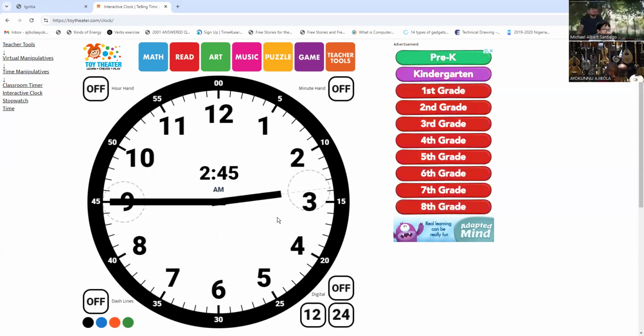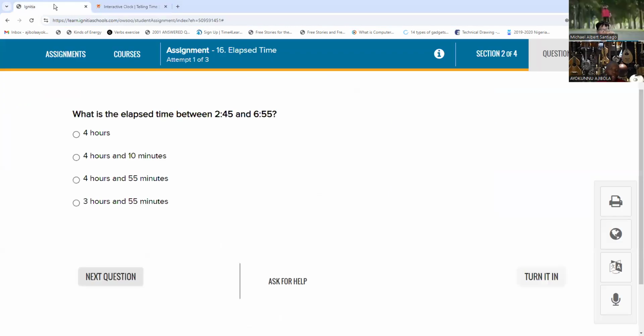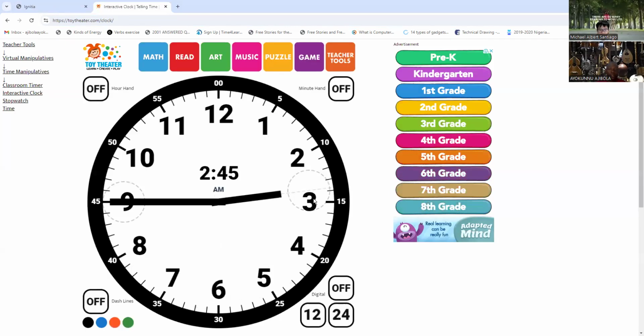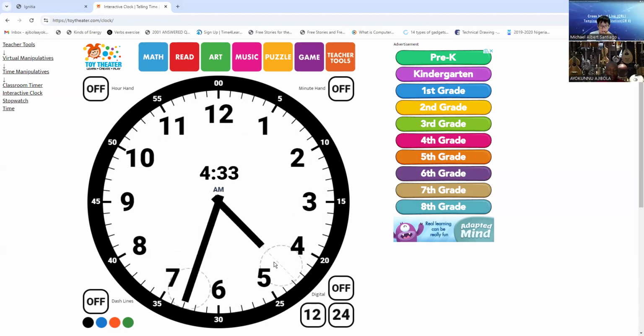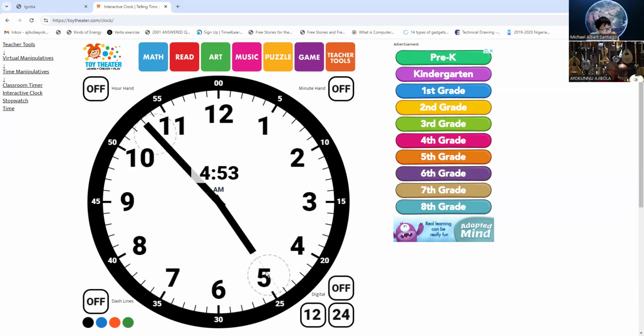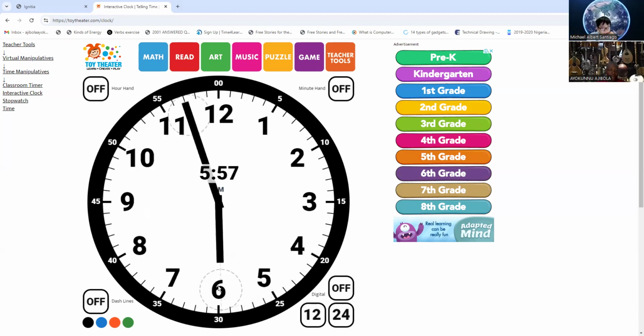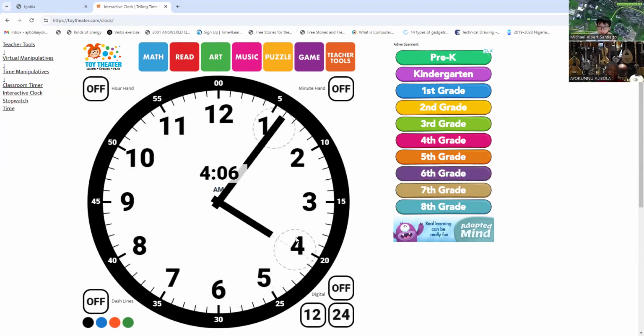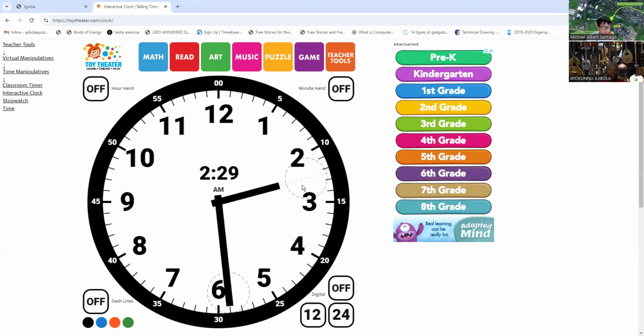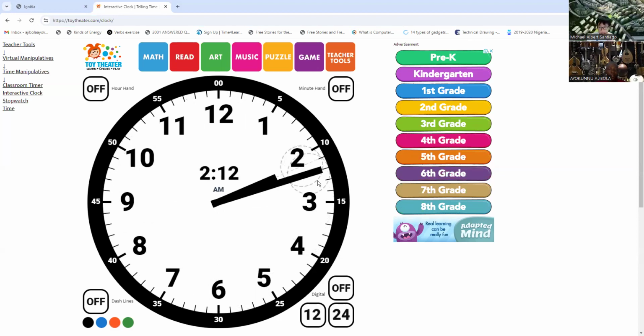Now from 2:45, we are going to 6:55. Okay, wait a minute. Did we say 2:45, right? Yes. So it's not the hour, it's the minute and we're going to be shifting. So this is 2:45.